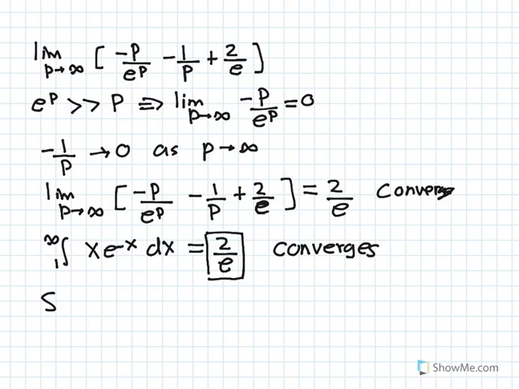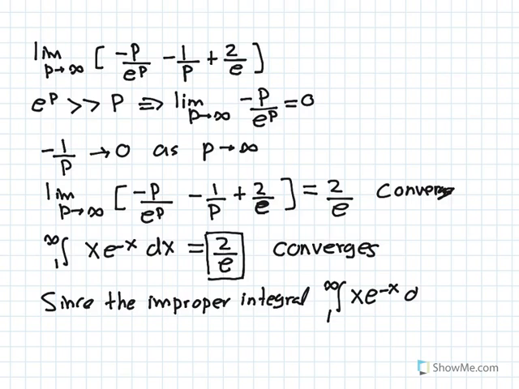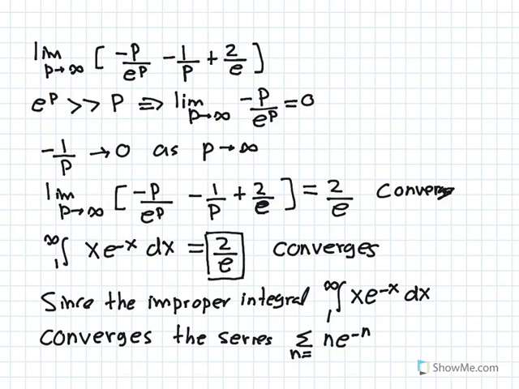Since the improper integral from 1 to infinity of x times e to the minus x dx converges, then by the integral test, we can say that the series summation n e to the minus n goes from 1 to infinity also converges by the integral test.